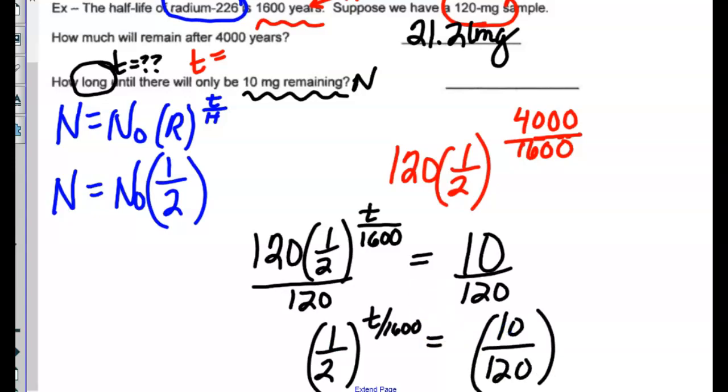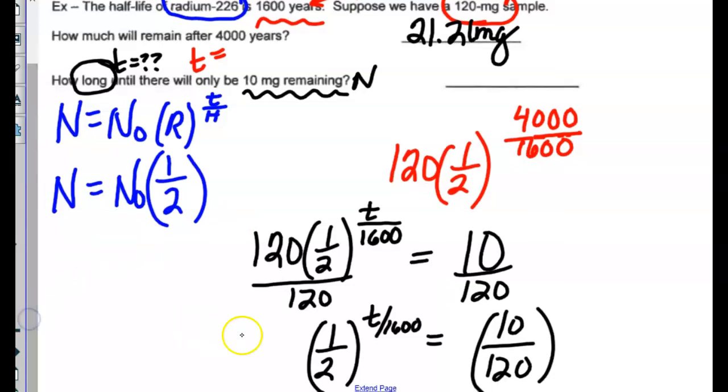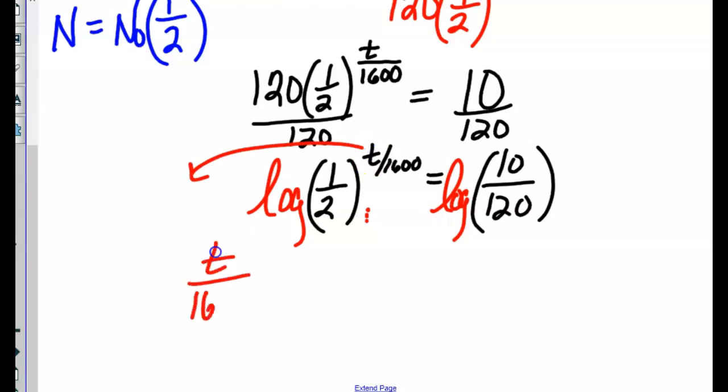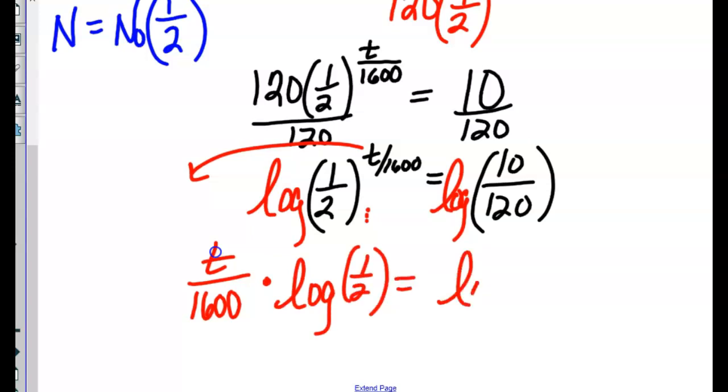What are we going to do to both sides? Some kind of log, whatever kind you want. Move that out front. T over 1,600 times the log of 1/2 equals the log of that.